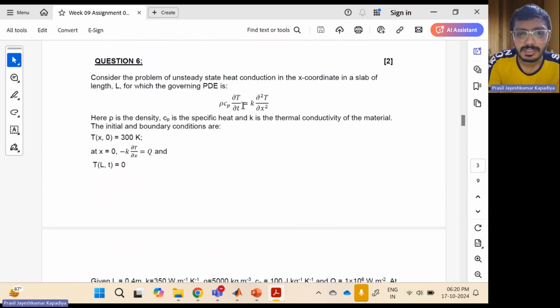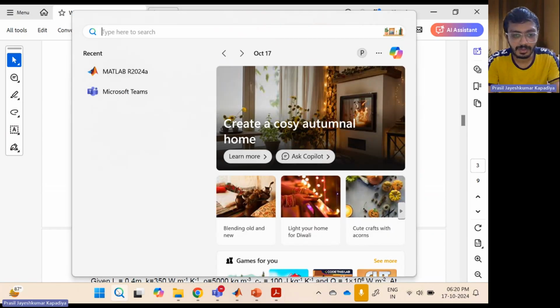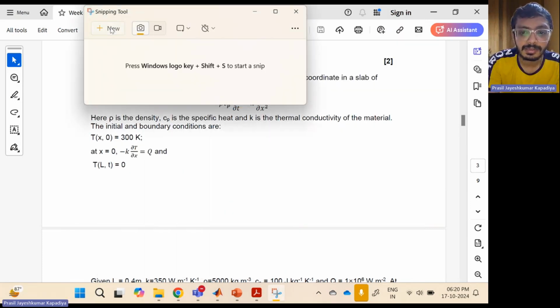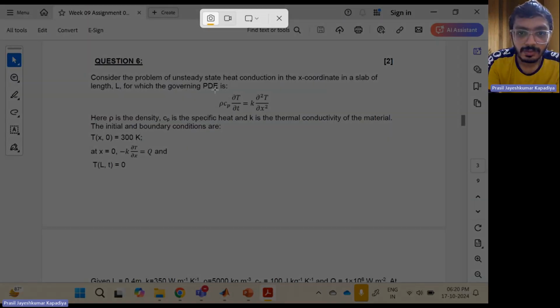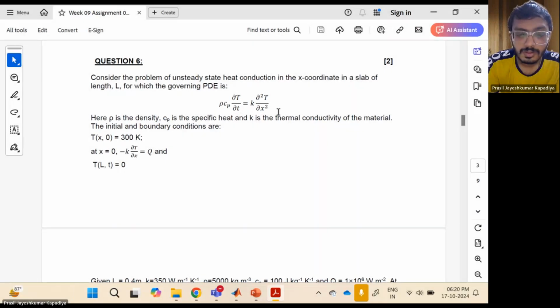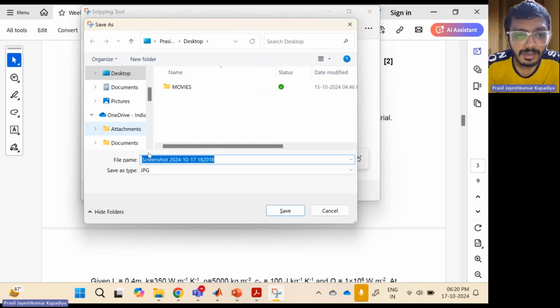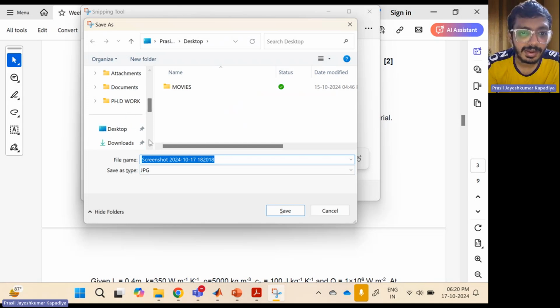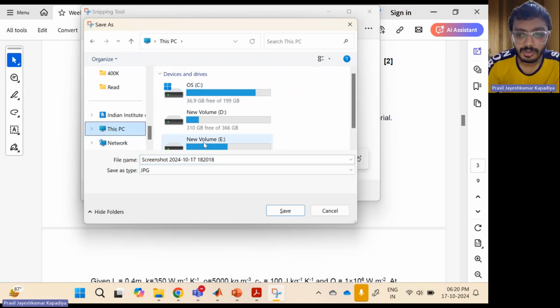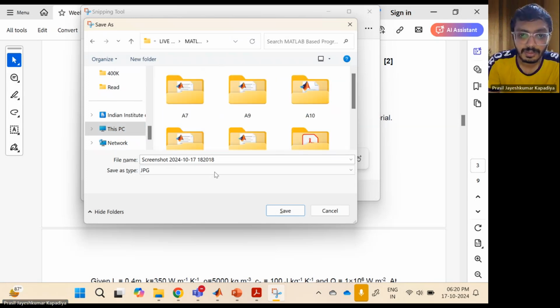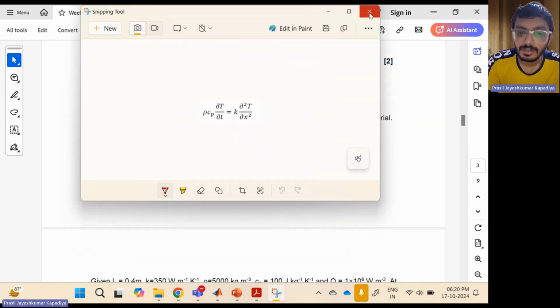Okay, yeah, this is my equation. I will just take the picture and add that. It is Control S. Let's add it in the same folder so we don't have to search for it.